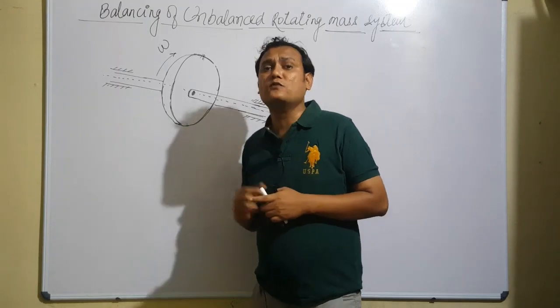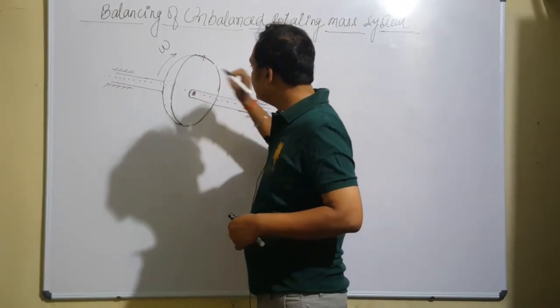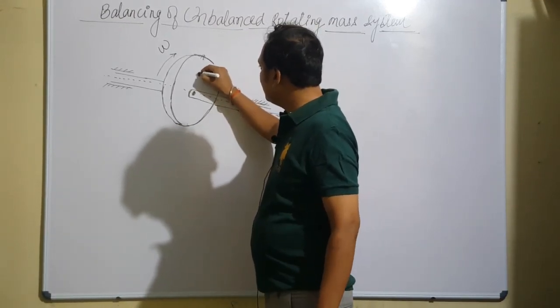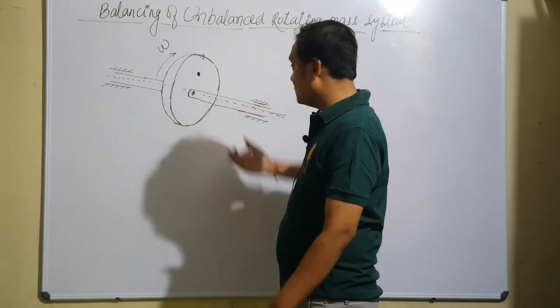If it changes, then what will happen? So just imagine now this center of mass shifted. I mean, making it little large, although this much shift will not be there.